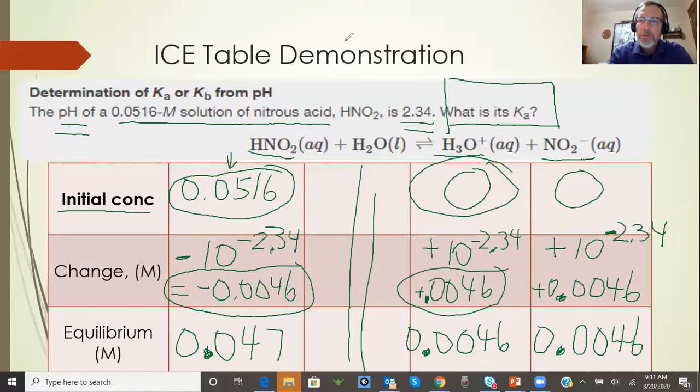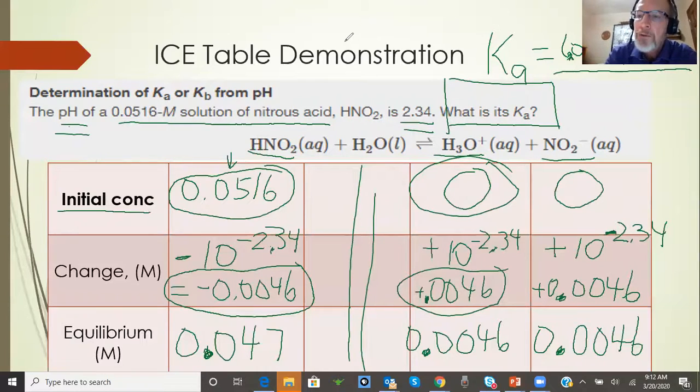So let's go back. What did they ask us for? Ka. I'm just going to go right to the top here. Ka is equal to the hydronium ion concentration, 0.0046, times the nitrous anion, and that's the same thing. So I'm just going to square that out of lack of space.